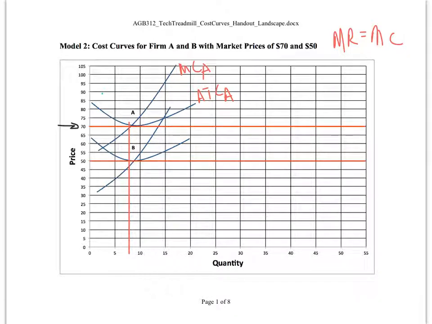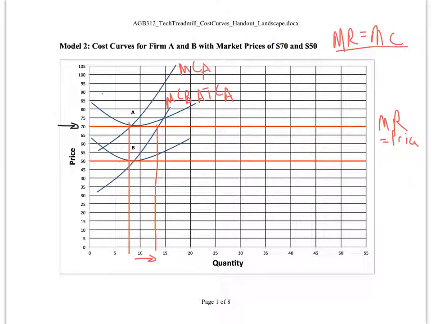But with the shift down of the cost curves with the adoption of technology, we look for the new marginal revenue, marginal cost, and since the price has not changed yet, our marginal revenue is still the same, because marginal revenue in this situation is the price. We look at the new marginal cost curve and where it intersects the same price, and what we've seen is there's an increase in the profit maximizing level of output.